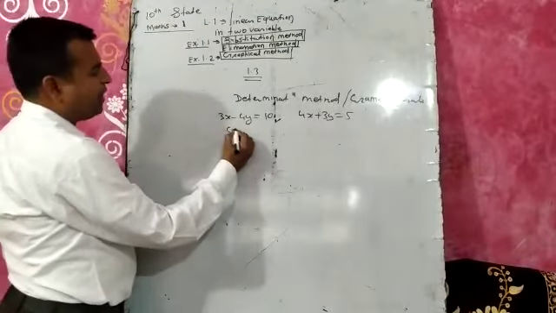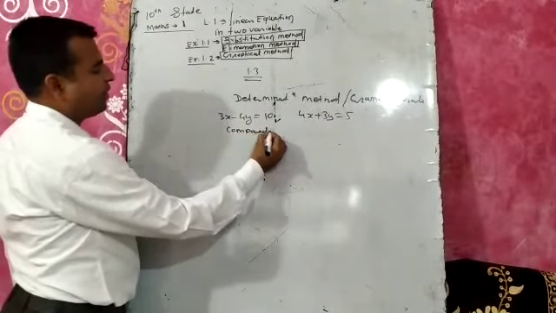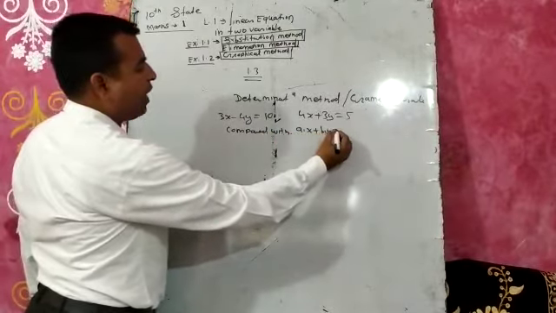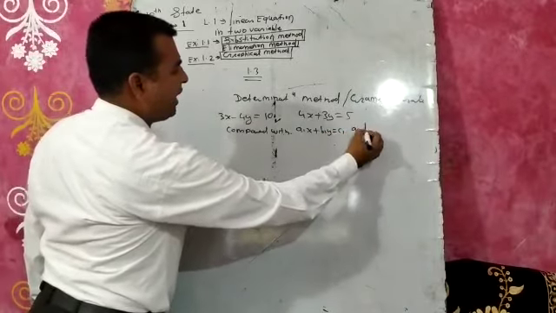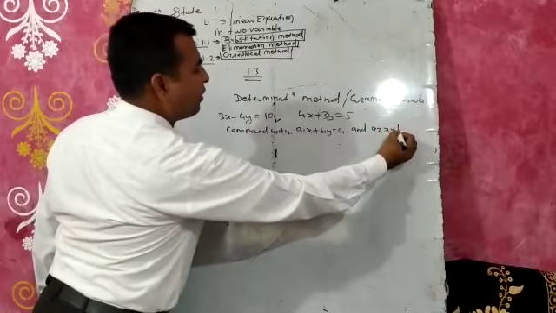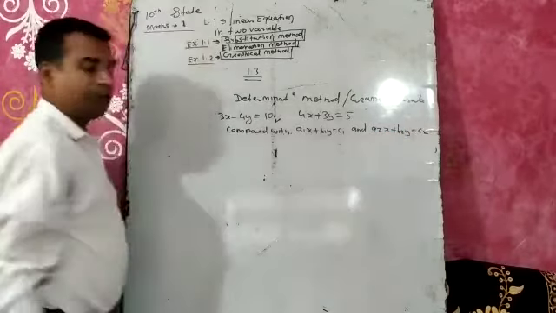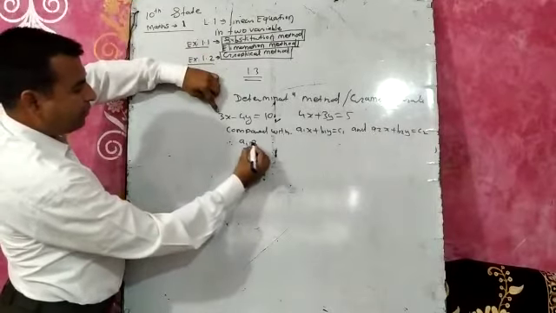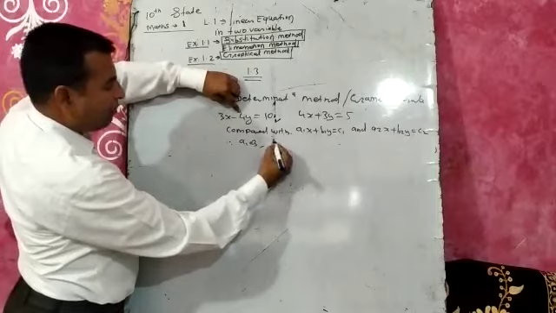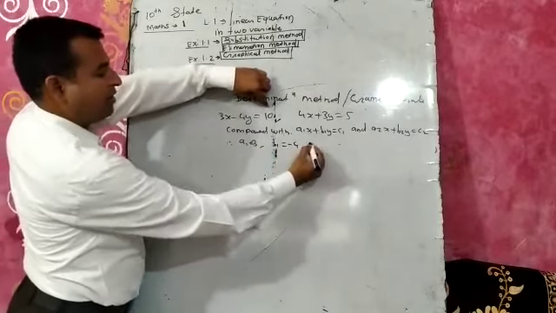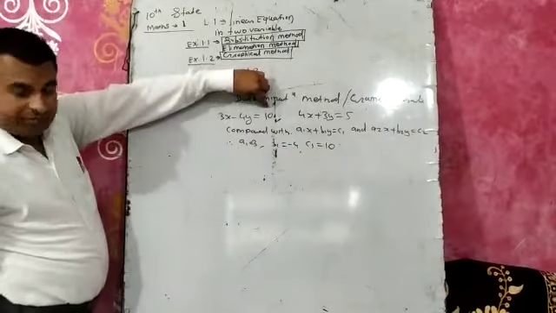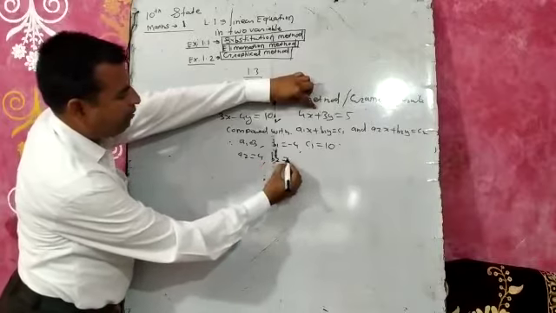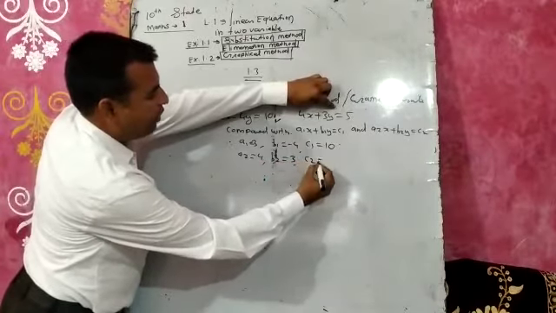First, compare with a1x plus b1y equal to c1 and a2x plus b2y equal to c2. Now a1 equal to 3, b1 equal to minus 4, c1 equal to 10, a2 equal to 4, b2 equal to 3 and c2 equal to 5.